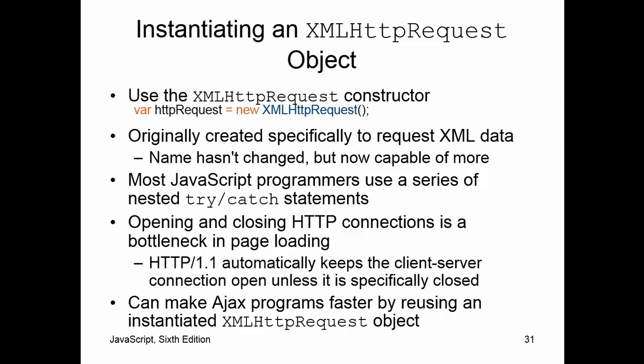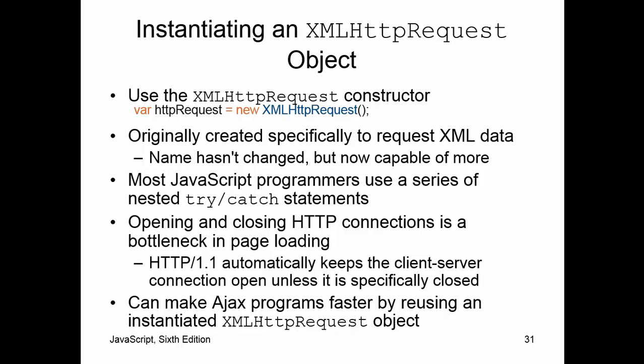The first step shown at the top of this slide for using Ajax to exchange data is to instantiate, or create, an XML HTTP request, or XHR, object. There's no literal form for doing this. It's just new XMLHttpRequest().